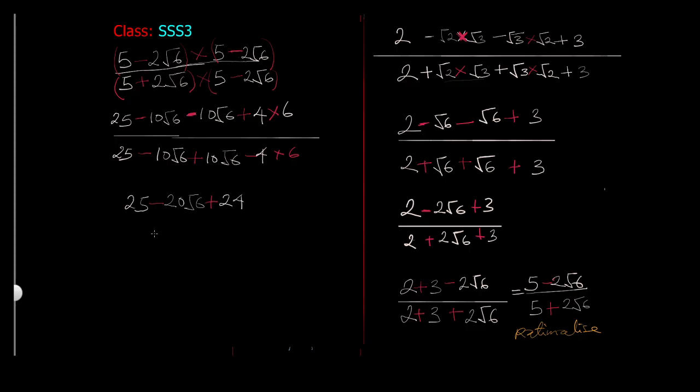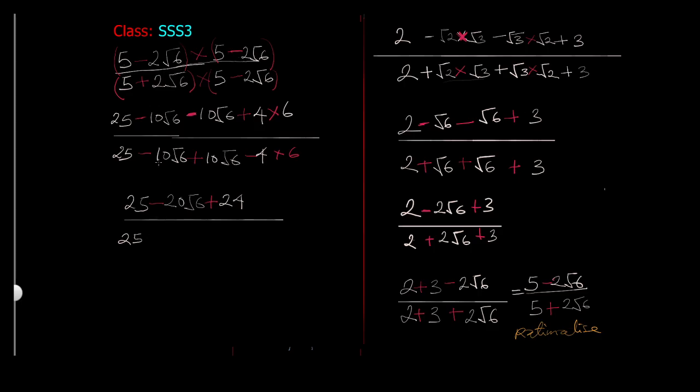All over, now we have 25 minus 25, which is 0.